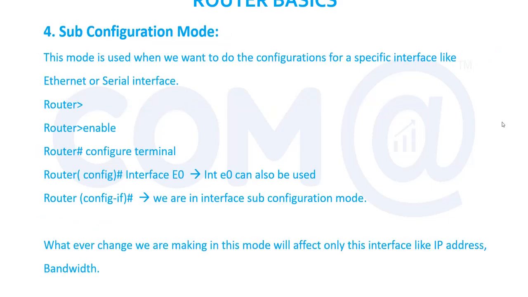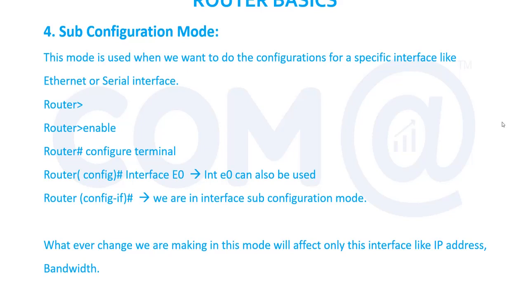Then there is the sub-configuration mode, something you want to do for your interfaces, maybe an Ethernet interface or a serial interface, whatever I have configured here. So it is an Ethernet interface. You can get into the sub-configuration mode only from global configuration mode. Initially you see user execute mode, then privilege mode, and after doing some things we come to the global configuration mode.